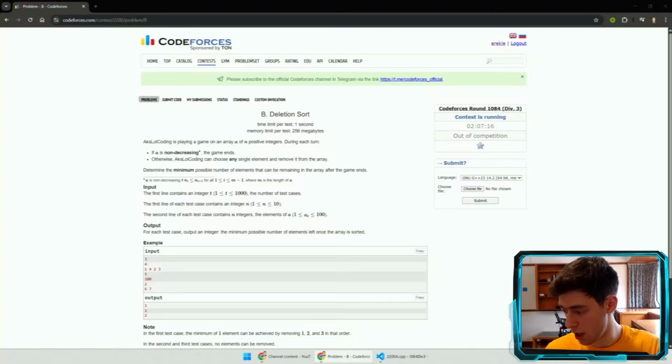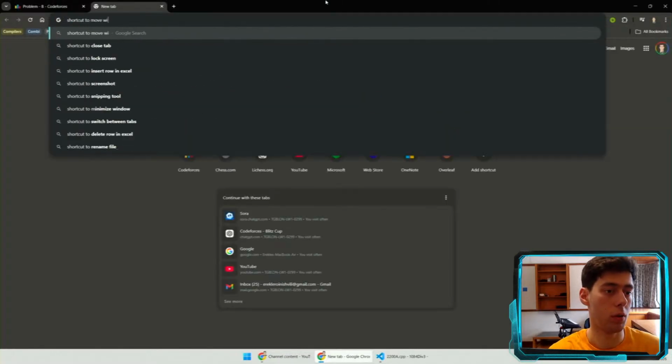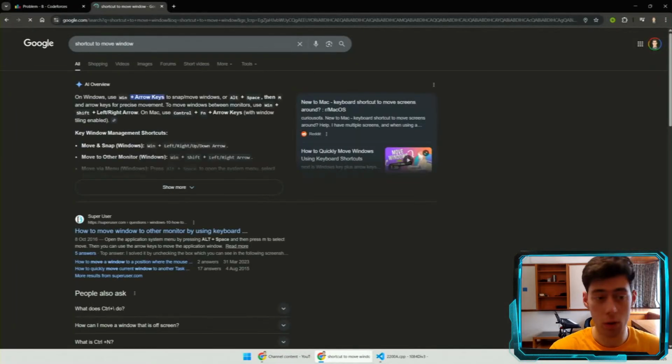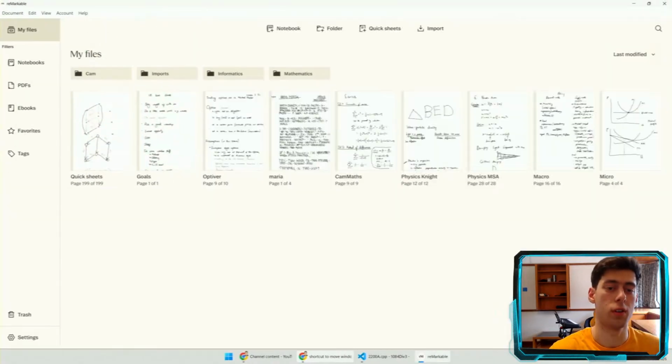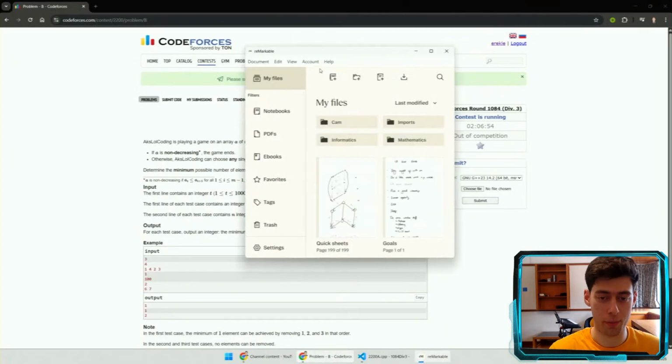I'm struggling to share this with you guys, but what the hell? What's the shortcut for Windows plus arrow keys? I've just got a window that's stuck. Oh, sure. Yeah, I can't believe I forgot that shortcut, actually. Okay.